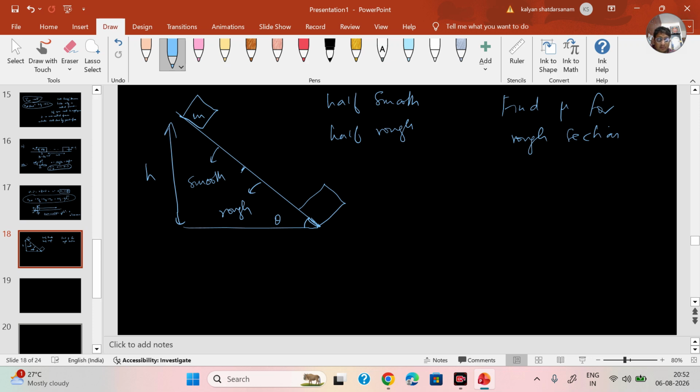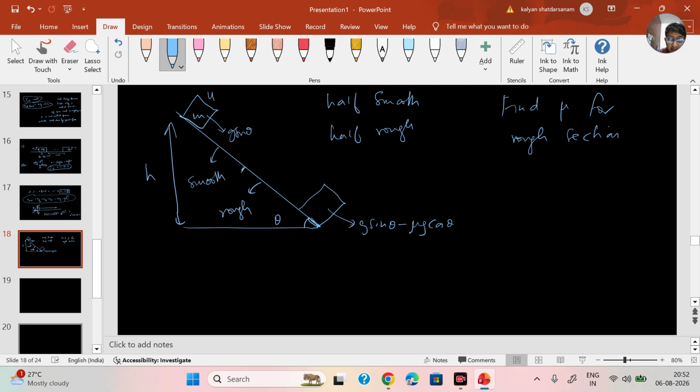So you have to consider the smooth surface as a separate problem and rough as a separate problem. If you draw the free body diagram, on the smooth surface the acceleration will be g sin theta, with N, mg cos theta, mg sin theta; you write all those forces, it will be g sin theta acceleration. In the rough part it will be g sin theta minus mu g cos theta. How are you getting these accelerations? By drawing the free body diagram and applying F equal to ma.